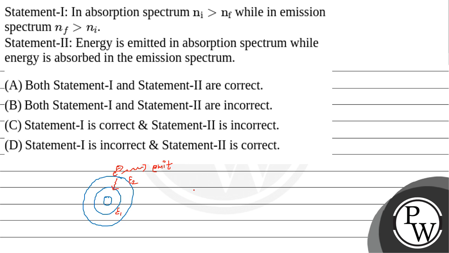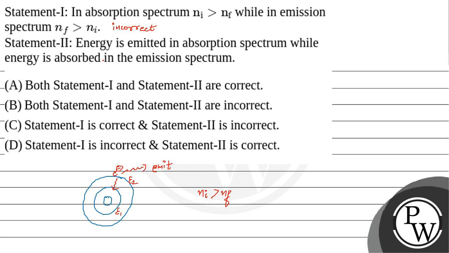So we can say that in emission spectrum, the Ni will be greater than Nf, because it emits energy, so the energy in the initial level will be higher than the energy in the final level. So in absorption spectrum, Ni is not greater than Nf, while in emission spectrum, Nf is not greater than Ni. So this statement is incorrect.